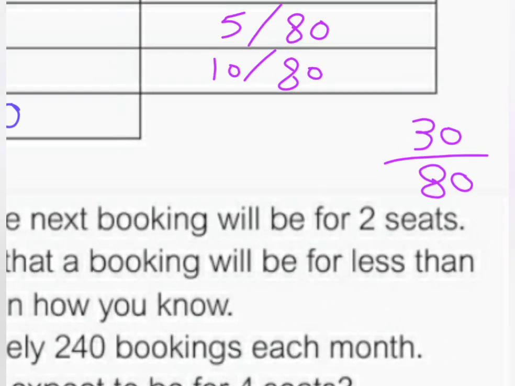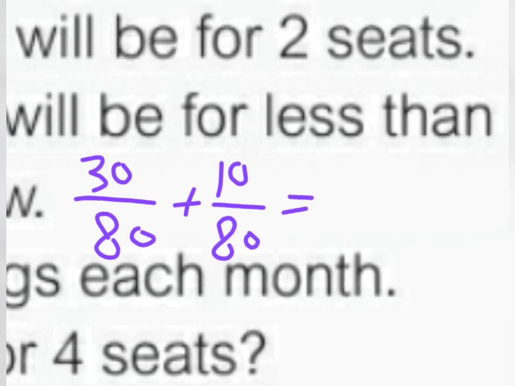So we have 30 over 80 plus 10 over 80 equals 40 over 80.